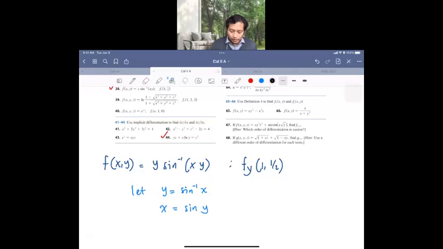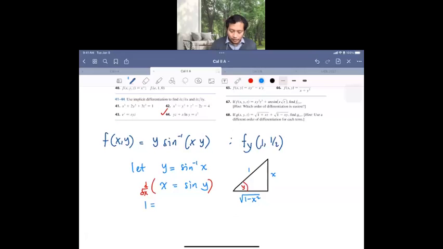Okay, and then we can try to draw a triangle like this, and say that this is the angle, right? Because the inverse is actually talking about the angle. Now sine y will be x over 1, right? So this will be the square root of 1 minus x squared, like that.